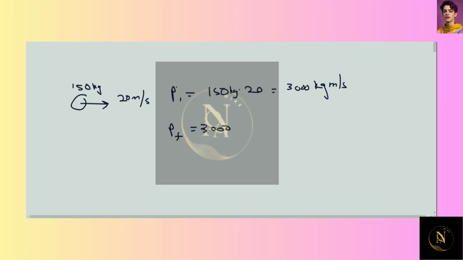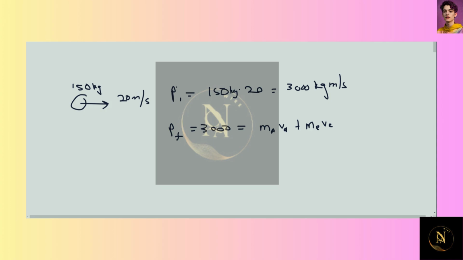So P_f must be equal to the mass of the astronaut times his velocity, plus the mass of whatever equipment he loses times its velocity. That's what needs to account for the 3,000.